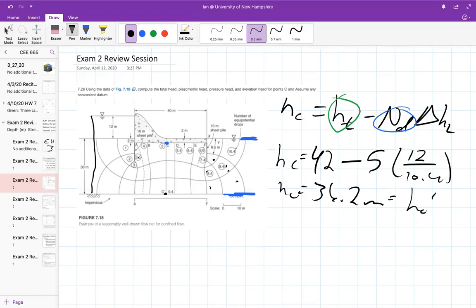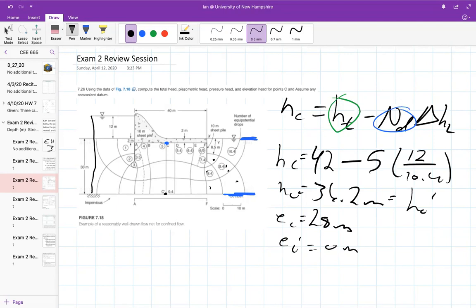And then our elevation head for C will be 28 from the bottom, because we're not having that 30, we got this 2 meter embedment into the soil. And then our, let me use E, I apologize, EC prime, since our datum's there, is 0.